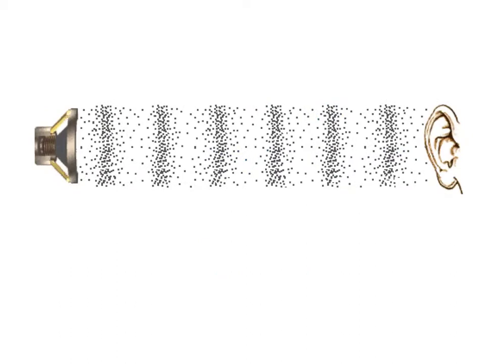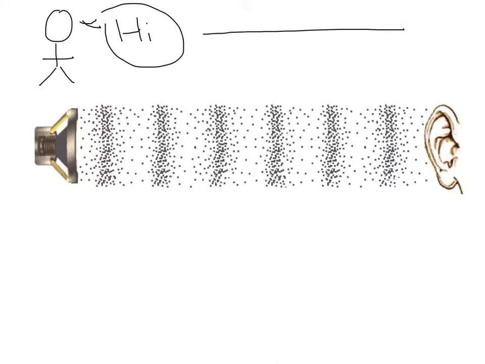Okay, so we know that sound is made by vibration. If I was talking, the vocal cords in my throat would be vibrating to make the sound. But let's look at what actually happens to that sound for it to get to the person's ear. Let's say this sound is made by some sort of vibration.